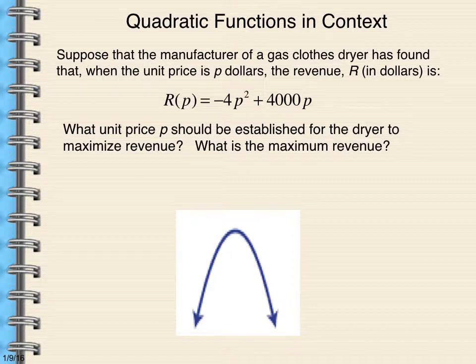And this makes sense when we're asking about maximizing revenue, because the maximum point is the vertex of this quadratic function. And so remember, the two variables are P, which is the unit price, and R, which is the revenue.